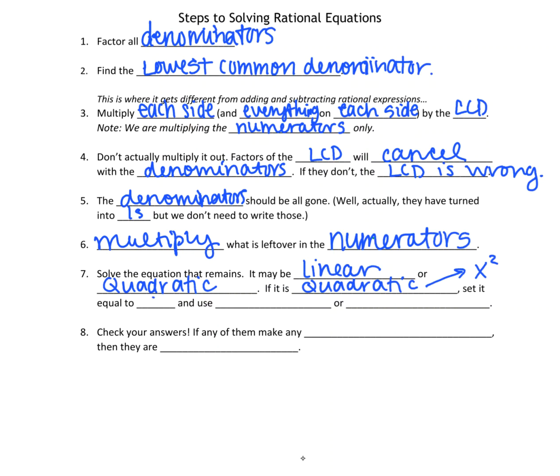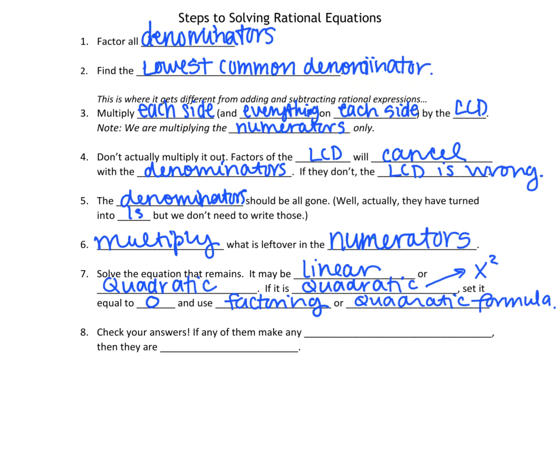Then you're going to want to set it equal to 0 and use either factoring or quadratic formula. Usually my way of doing it is I check to see if it's factorable. If it's factorable, I'll solve it by factoring. If it's not, then I use the quadratic formula.